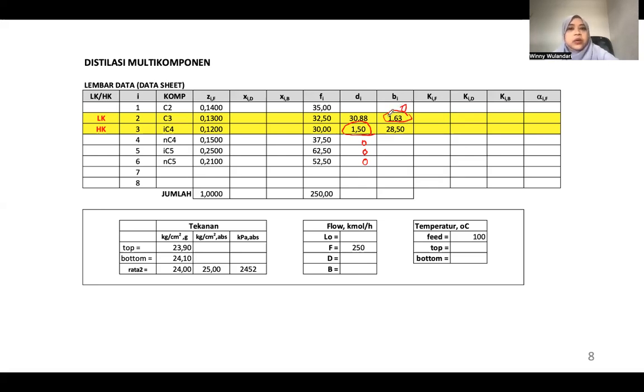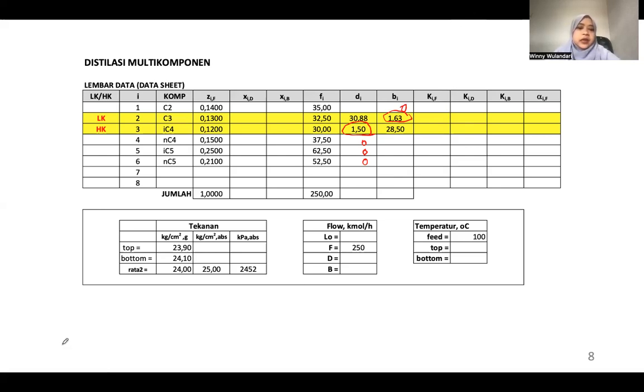By using this, you can calculate your mass balance in the distillate and in the bottom product, and then using appropriate temperature and pressure, we can also find the K value in the feed, distillate, bottom product, and also the relative volatility. This will be important for our next problem, which is how to calculate the stages in a multi-component distillation.